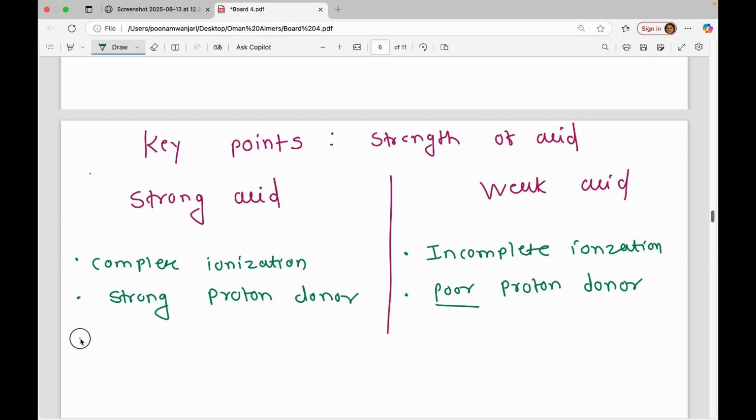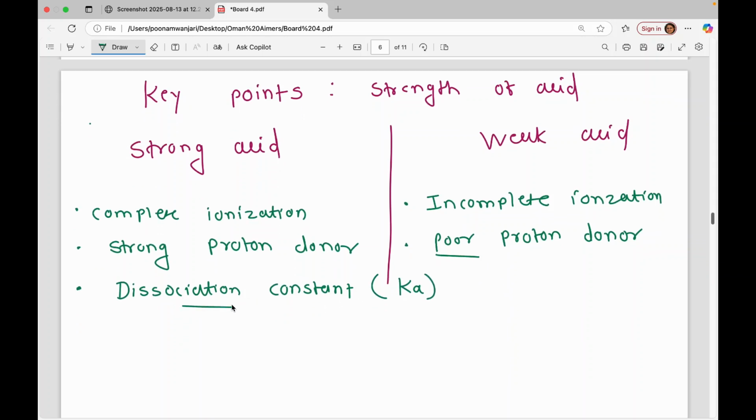A very important point, students: visually you cannot tell whether an acid is strong or weak, so we need some experimental evidence. That experimental evidence we get from one term, that is the dissociation constant of acid, denoted by the letter Ka. This term may be new for you, but in the last unit of grade 11 we had this term.